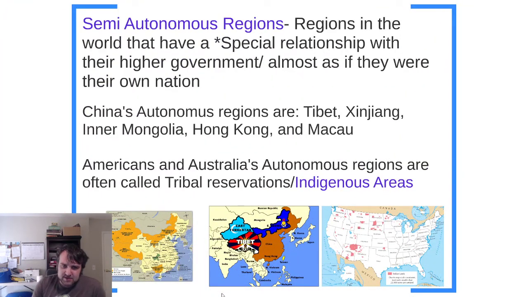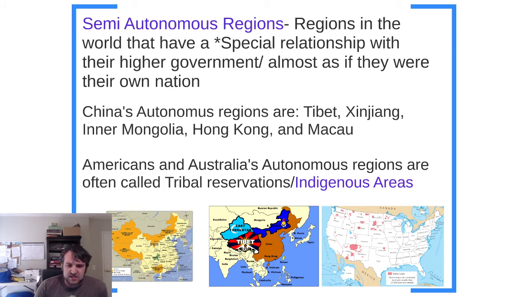Okay, now let's talk about semi-autonomous regions. If you are one of those multi-nation states, a lot of times there's going to be some ethnic conflicts within your country. So what these larger countries tended to do was to kind of make different laws and rules in different parts of their country, sort of to more reflect the cultural differences that will be found around their giant country.